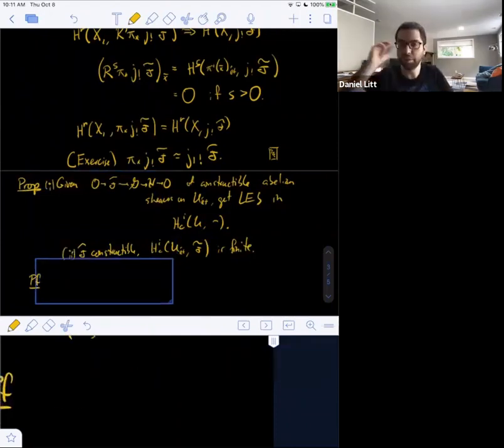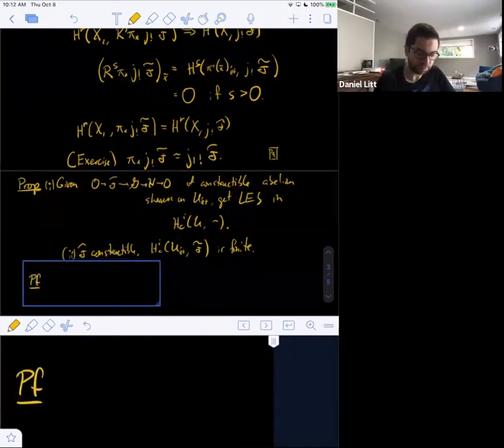So can anyone help me prove this first statement? What do we need to check? We need to use the definition of compactly supported cohomology, right?